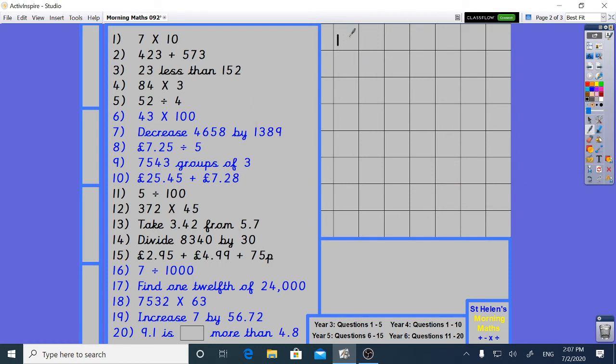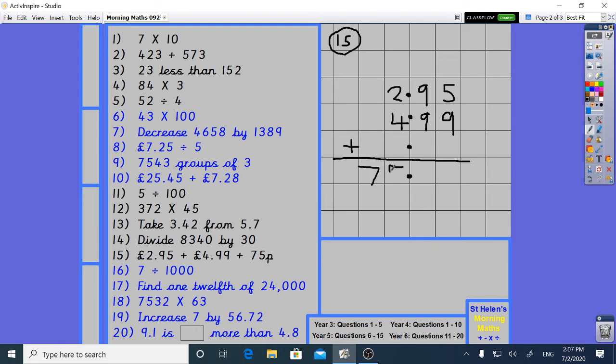This is addition with one little trick in it, which you've probably spotted, haven't you? 295 plus 499, that lines up nicely, plus 75p. So how do we write 75p in this form with the decimal point? When we're adding up 3 numbers, the decimal point has to line up. Where does 75 go?